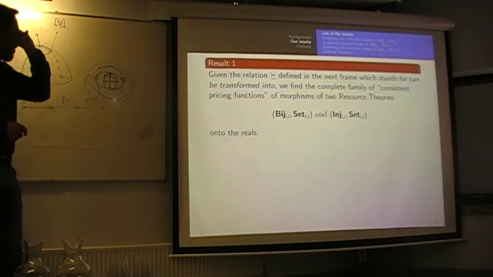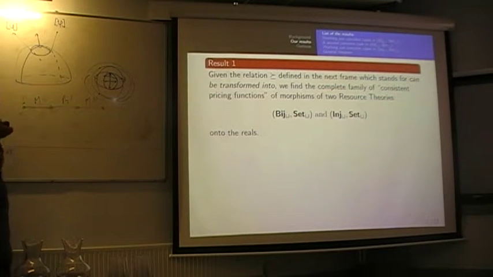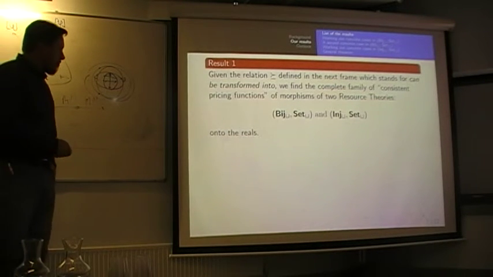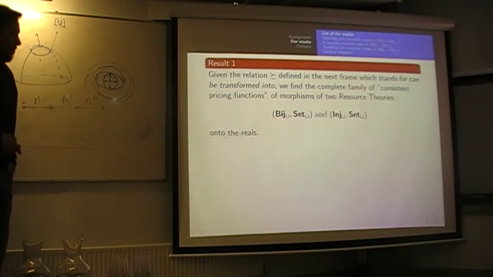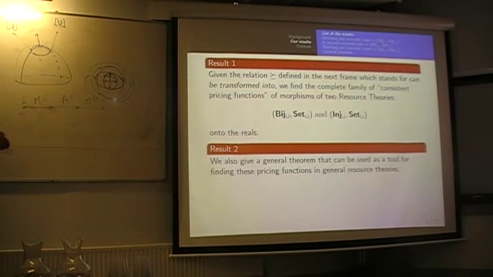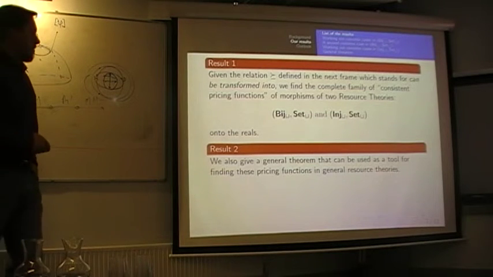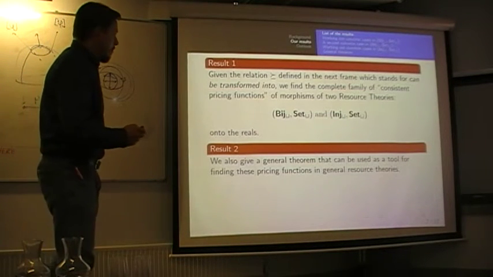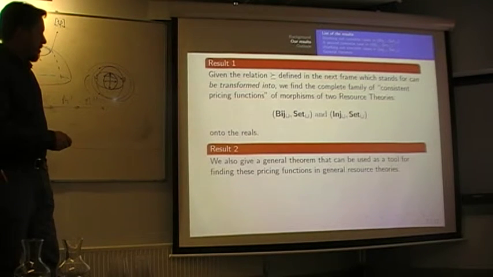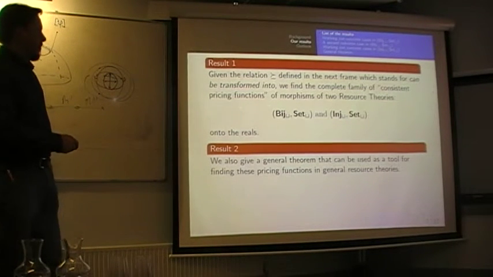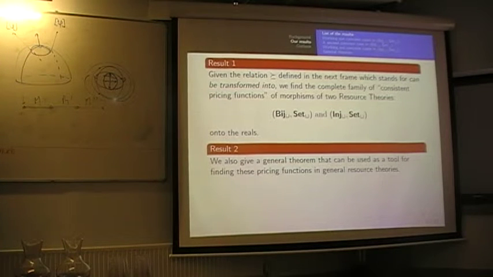So basically, a function into the reals that is essentially consistent. And also we give a theorem that can be used in a more general way when trying to come up with these consistent pricing functions into the reals.